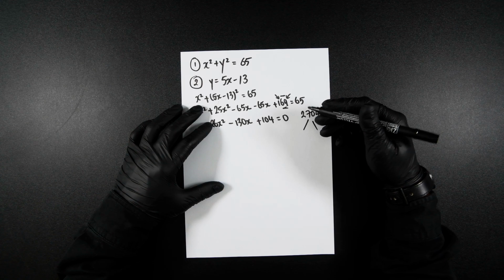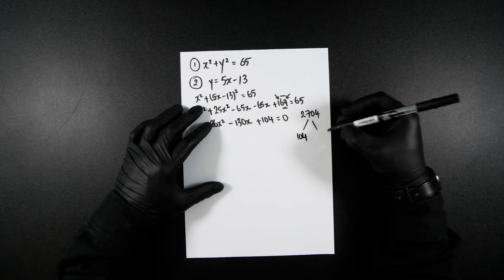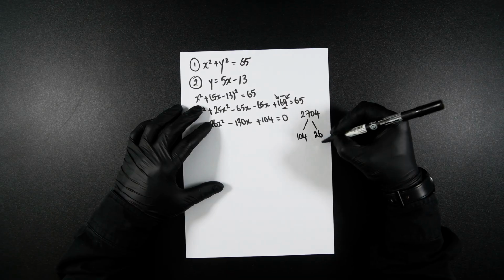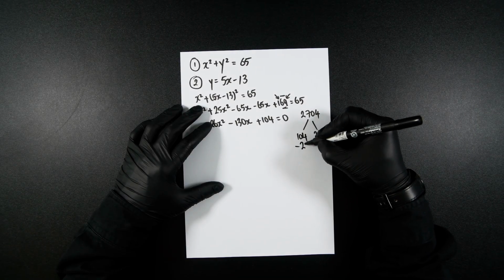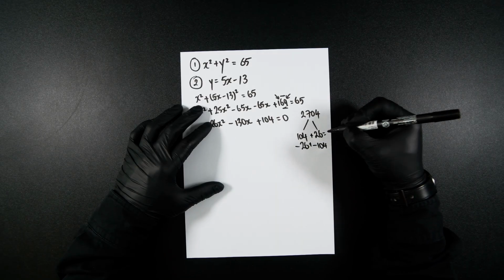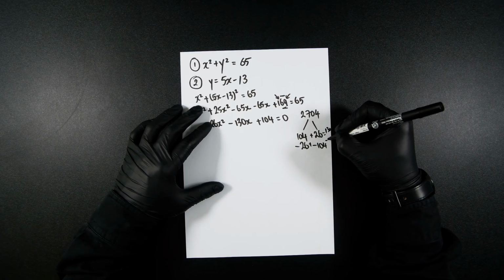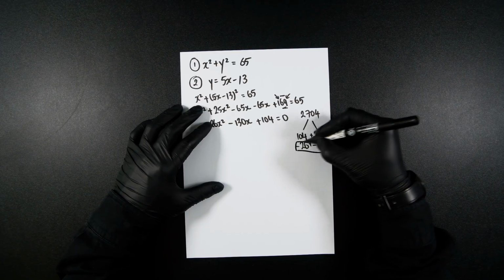However, that would take a very long time. So I know that 104 times 26 would equal that, or minus 26 and minus 104 would equal that. So if we now add these together, we would get 130 or minus 130. So we know that this is the pair that we're looking for.